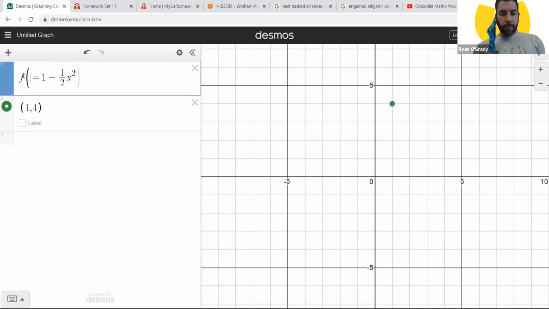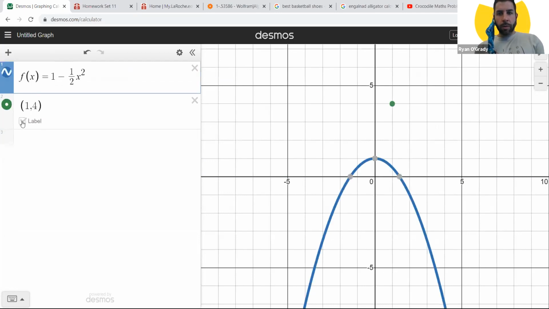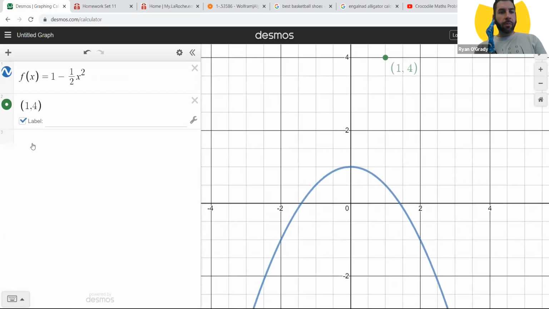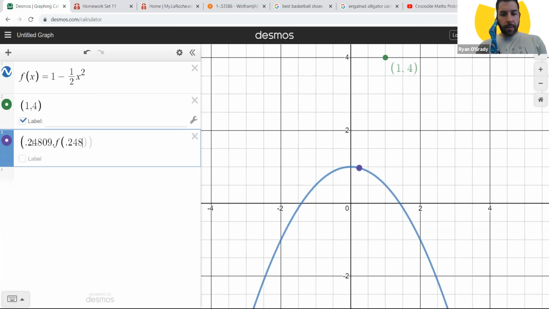Call this F. And so if I plot the point 0.24809 comma F evaluated at 0.24809, you'll see that that point indeed looks like the winner.